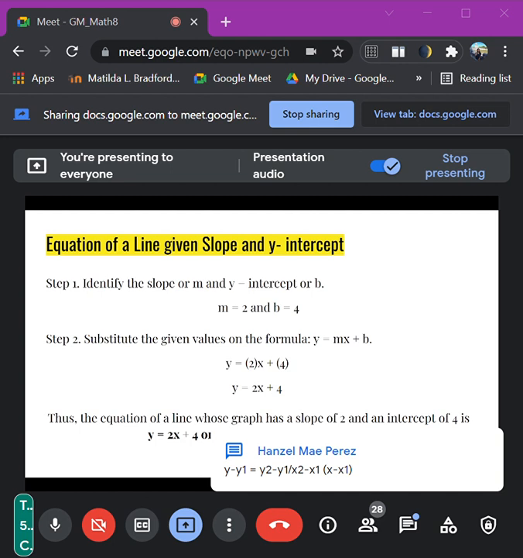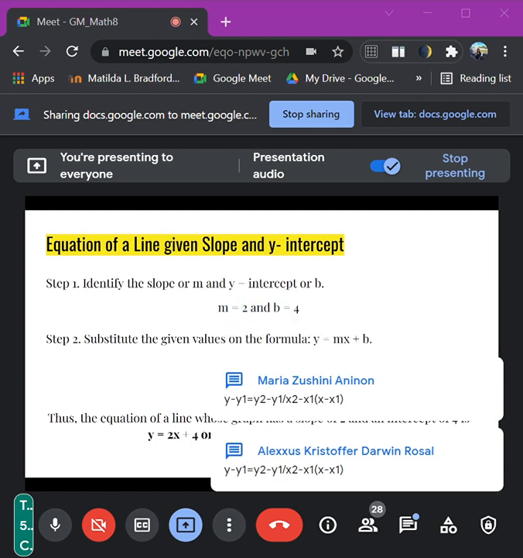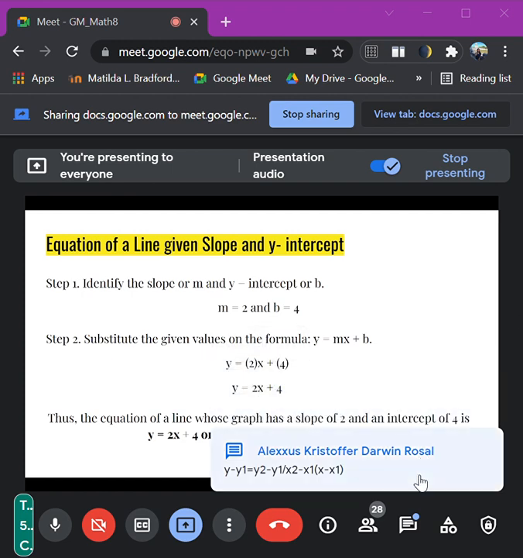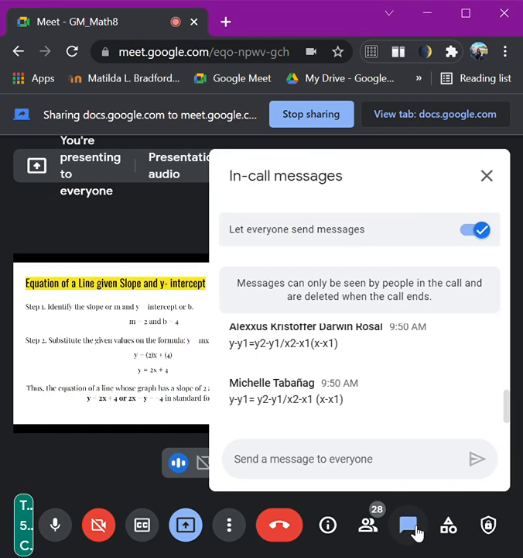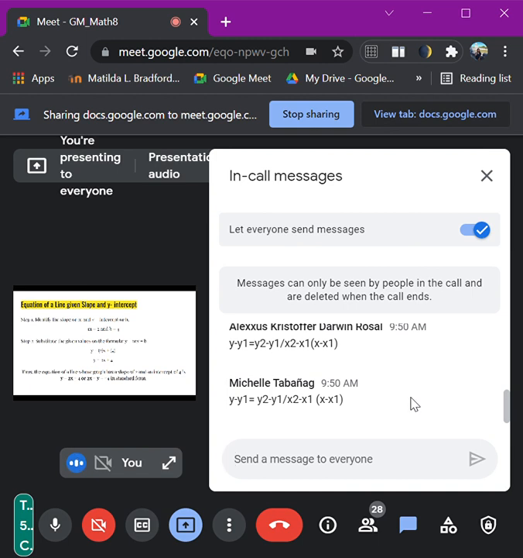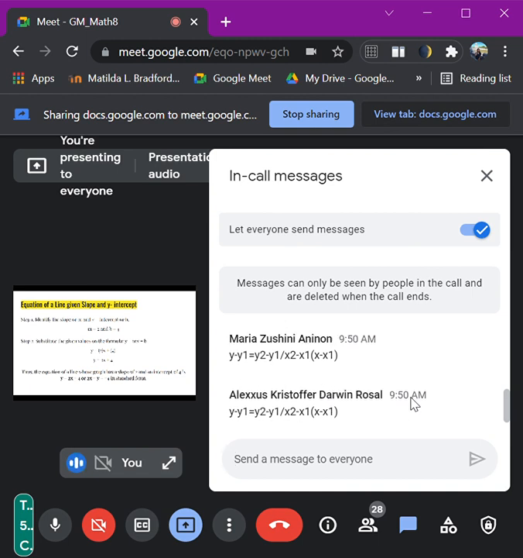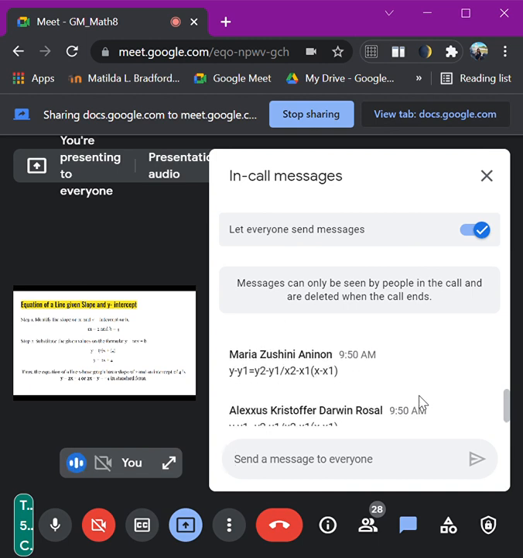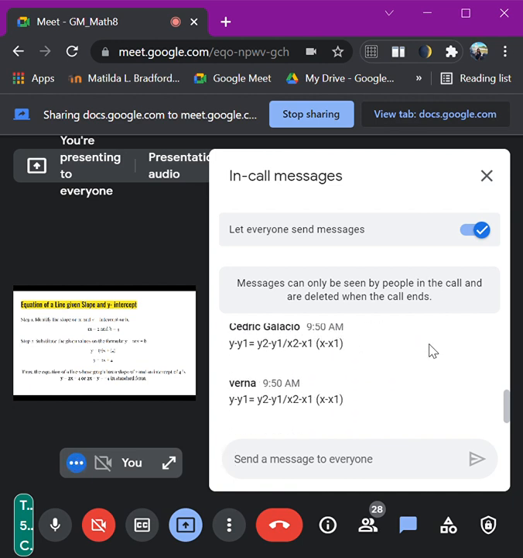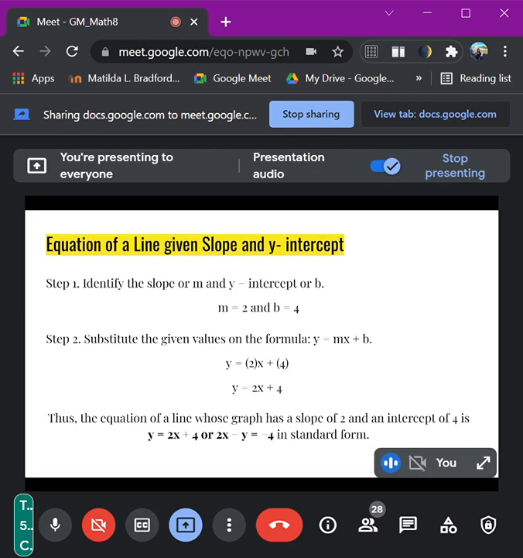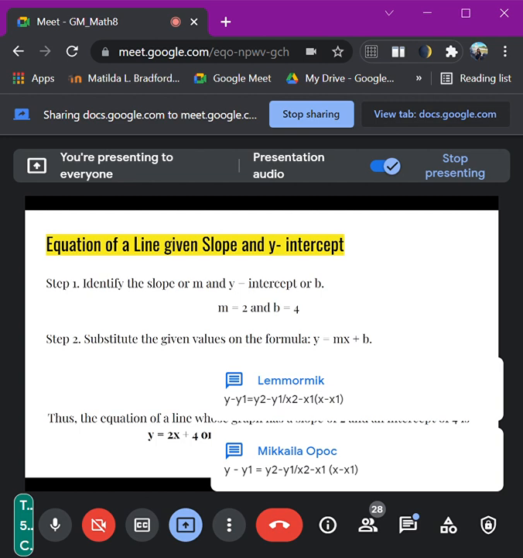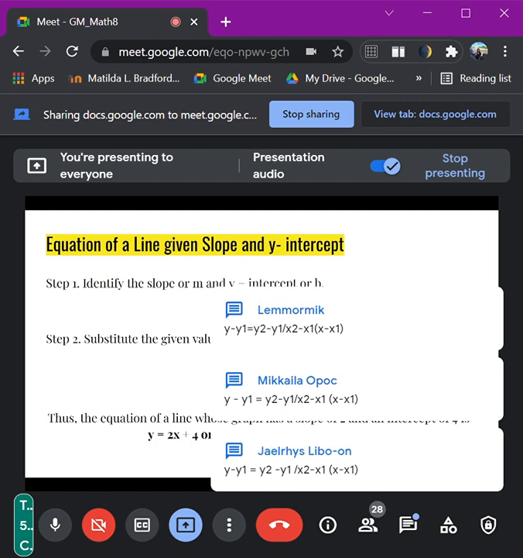Okay, we have from Hansel: y minus y sub 1 is equals to y sub 2 minus y sub 1 over x sub 2 minus x sub 1, quantity x minus x sub 1. We have also answers from Perez, Aninion, Rusal, Tabanya, Galasio, Verna, Carion. Okay, very good. That is the formula if we are given 2 points.